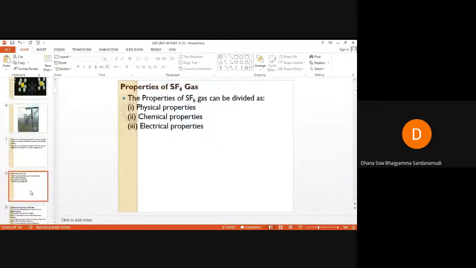Before discussing the operation of the SF6 circuit breaker, let us discuss some properties of SF6 gas. Let us discuss the physical properties, chemical properties and electrical properties of this SF6 gas.